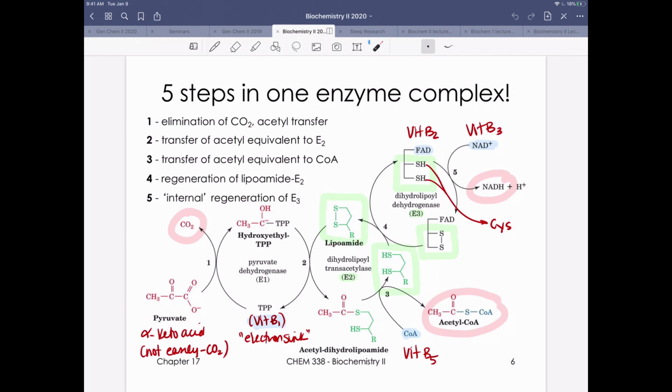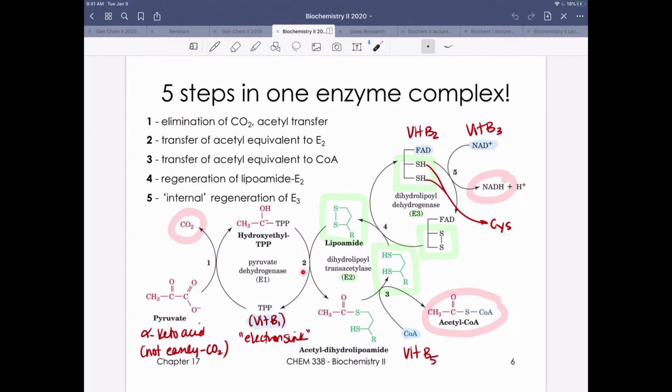So if we think about what that means here, it means that E1 is busy because TPP is holding on to that C2 group, and E2 and E3 are ready. We really haven't seen them be used yet. So if you're following along with homework question 3, E1 is busy, E2 and E3 are ready.